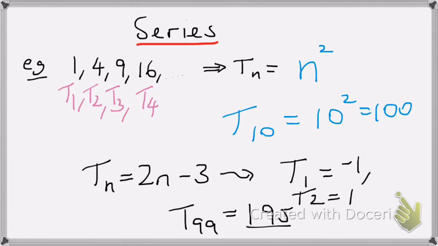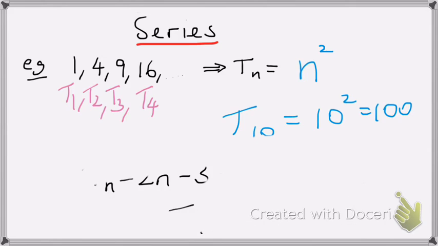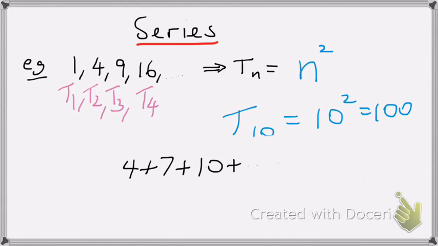Another standard problem that you will come across is exactly the same thing without a formula, and you're expected to pattern spot. Let's say a series was 4 plus 7 plus 10, and it keeps going, and I asked, what's the 20th term? The first term is 4, the second term is 7, and the pattern, I hope, is that I add 3.